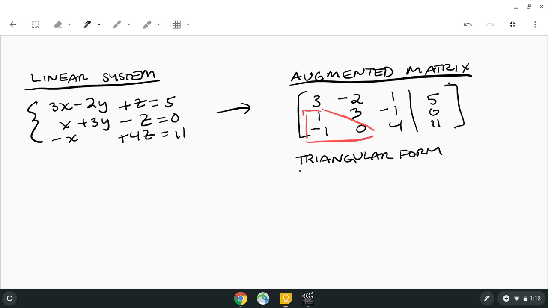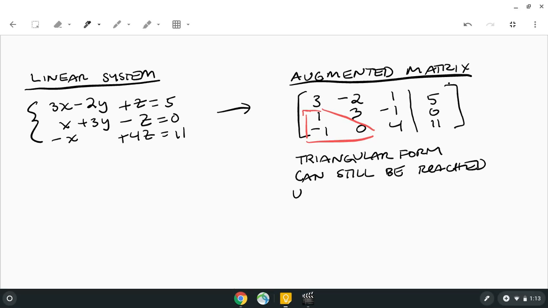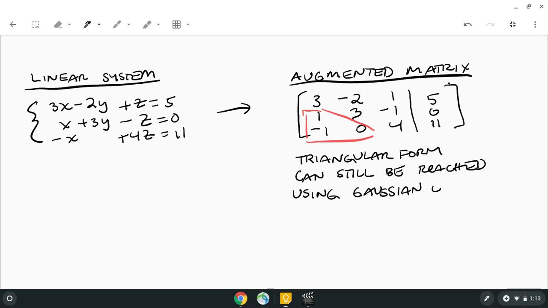Triangular form can still be reached using Gaussian elimination, but instead of doing it on the system, you would do it in the augmented matrix, which is just a different form of that linear system.